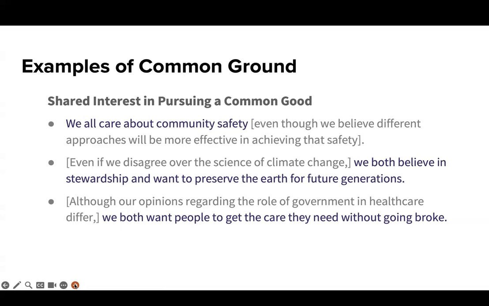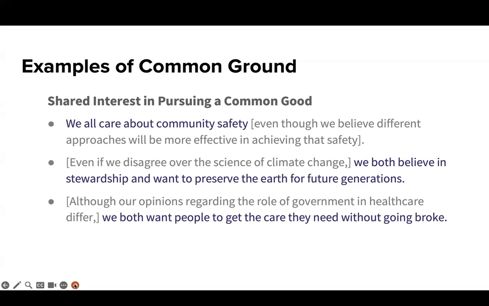In the second comment, even if we disagree over the science of climate change, we both believe in stewardship and want to preserve the future for generations.